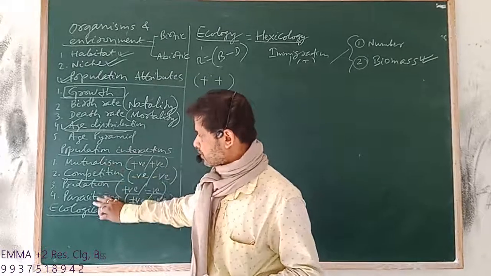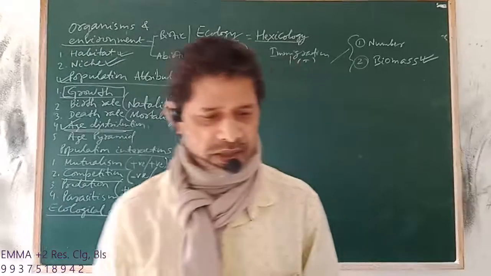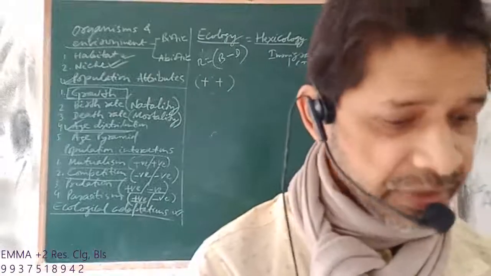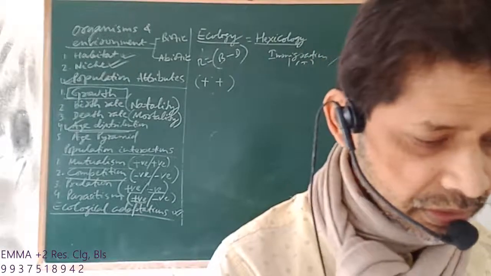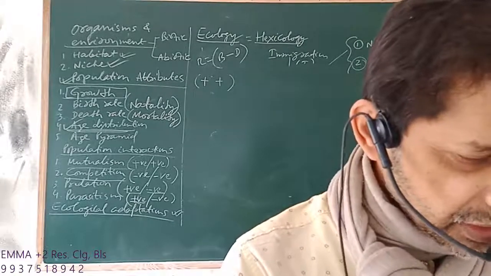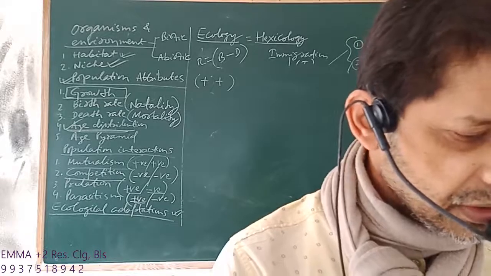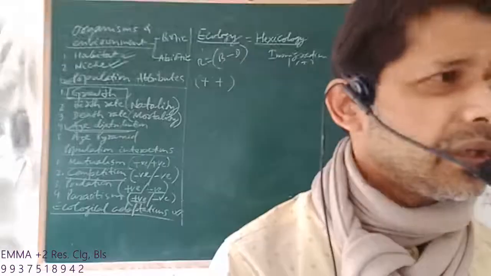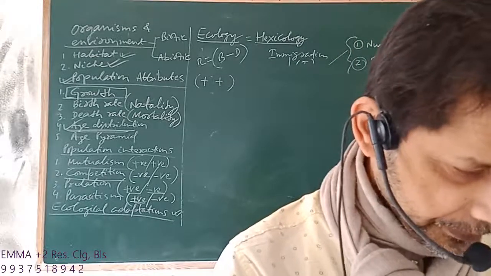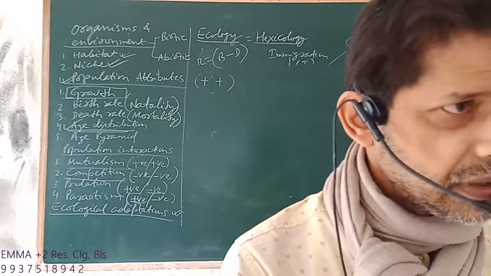Very important short notes, starting with mutualism, where both the interacting partners benefit from each other. What are the examples of symbiotic relations? In lichen, it is the partnership between algae and fungi.